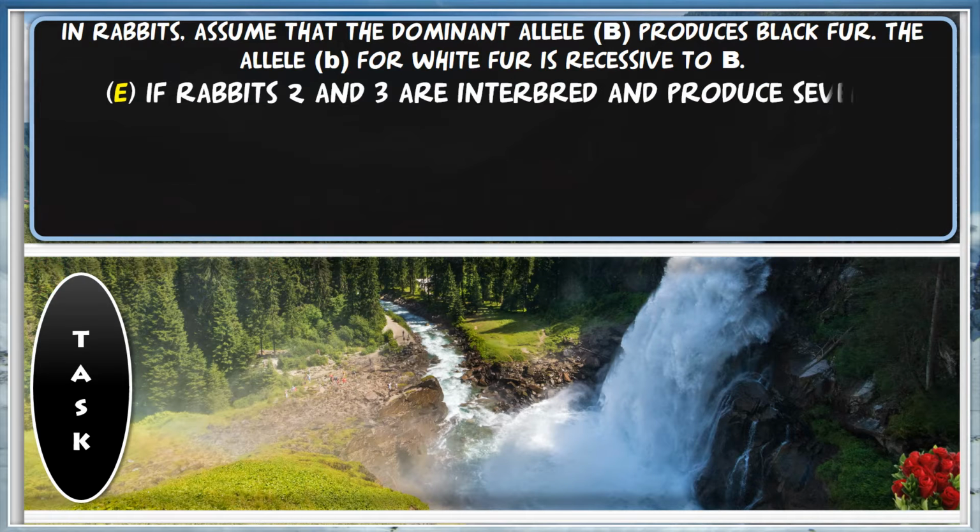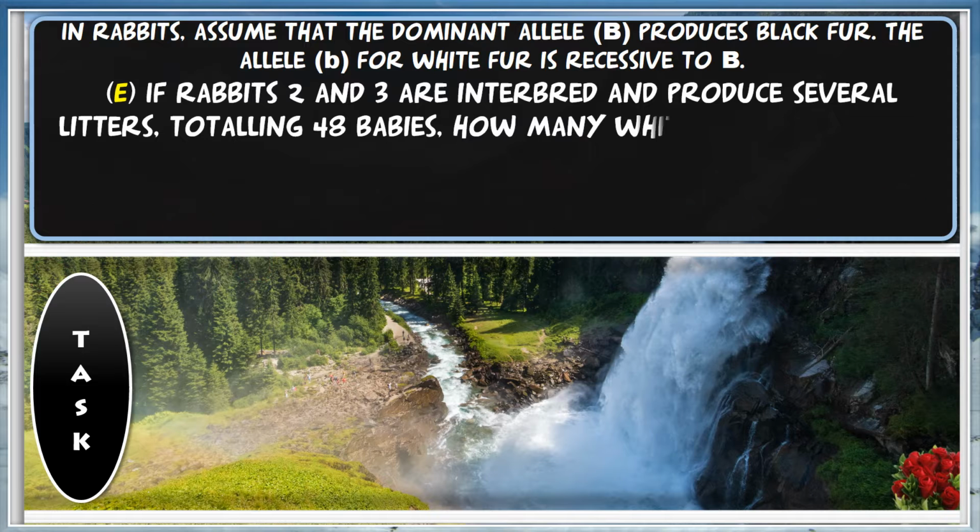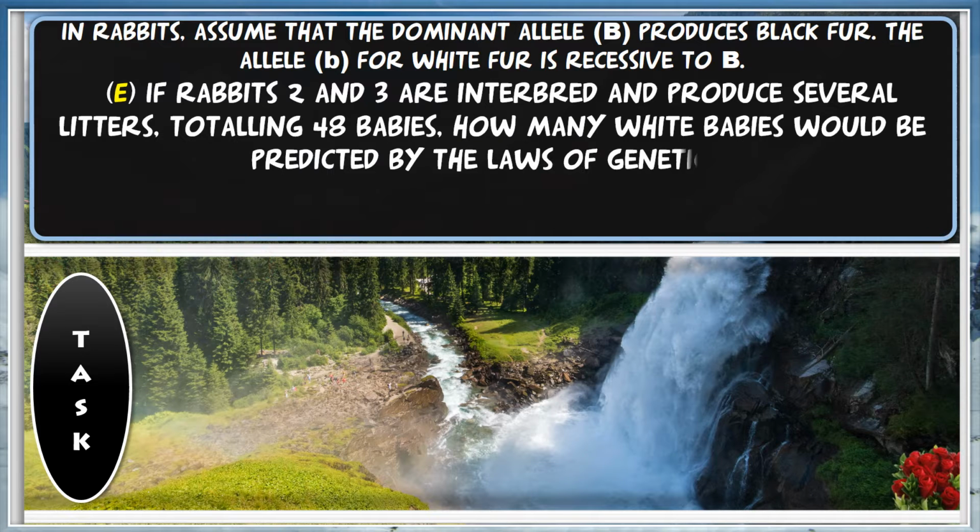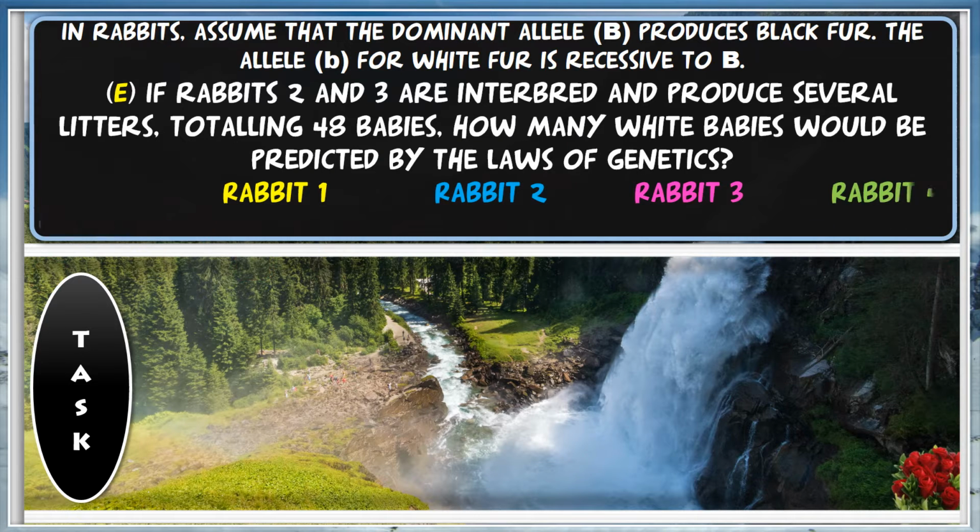Part D. If rabbits 2 and 3 are interbred and produce several litters, totaling 48 babies, how many white babies would be predicted by the laws of genetics?